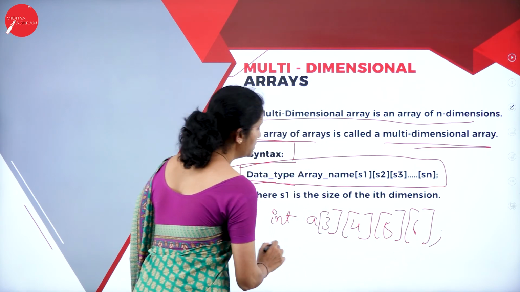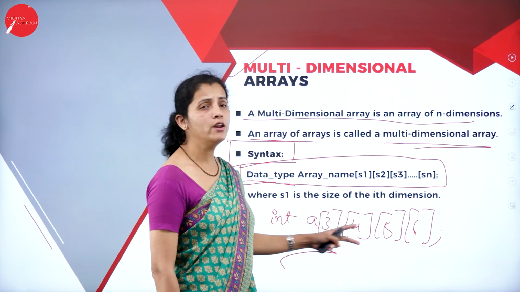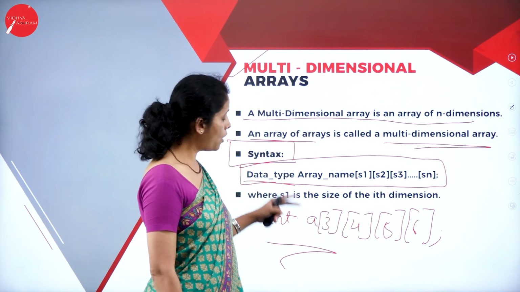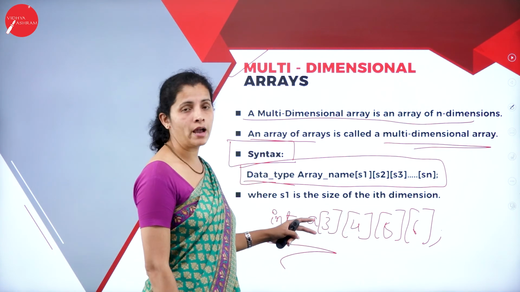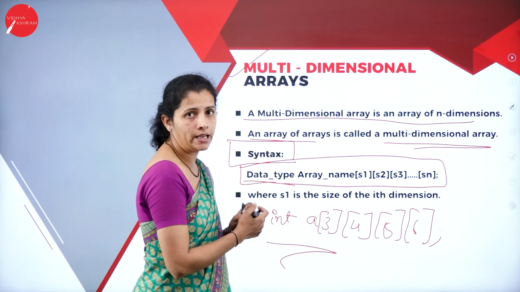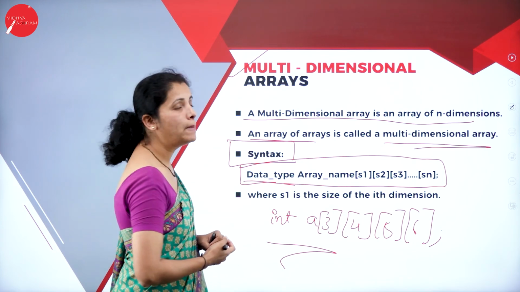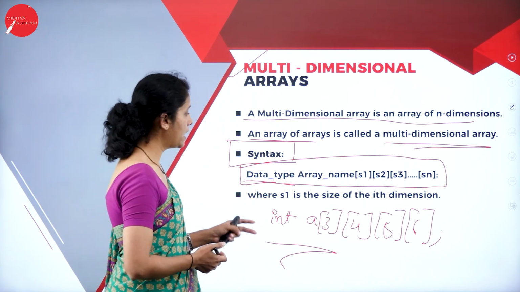This is an example for a multi-dimensional array. So, here I am going to have n number of dimensions. How many dimensions am I having? 4. So, here I am having 4 different indexes and this kind of array representation is called a multi-dimensional array.